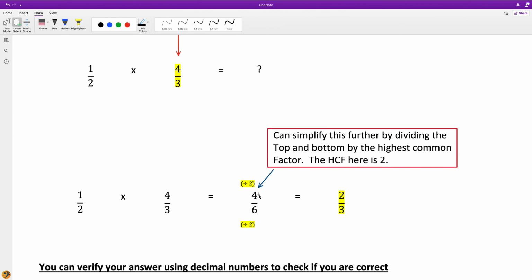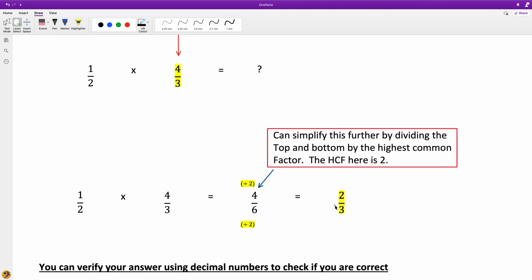Is there a number that's common to 4 and to 6? There is, and in this case it's 2, because 2 can divide into 4, and 2 can also divide into 6. So we simplify our numerator by going 4 divided by 2, which gives 2, and then 6 divided by 2 gives our simplified denominator as 3.